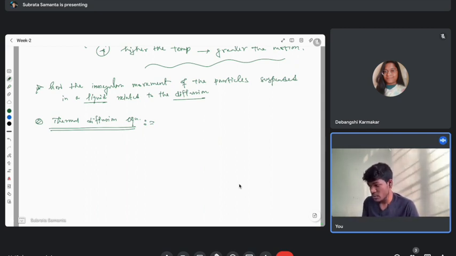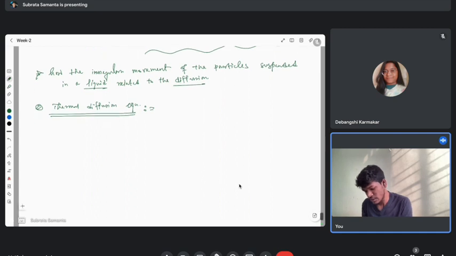When we calculated the thermal conductivity, we calculated the heat flux J vector, which is minus kappa grad T. It's the gradient of the temperature related to the heat flux, and this is the thermal conductivity.